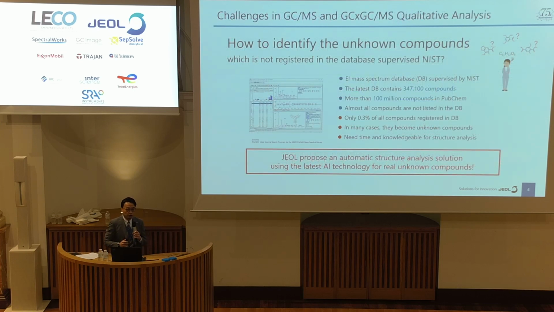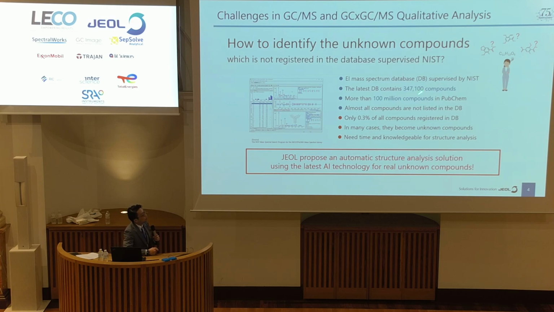Honestly speaking, the NIST database is quite nice and quite useful for GC-EI data analysis. As you can see, the latest database contains 350,000 compounds, but there are more than 100 million compounds in PubChem, so we are recognizing many compounds in the world.